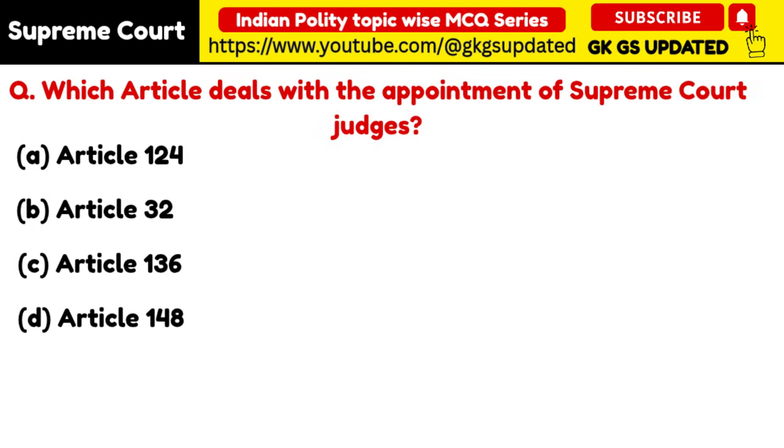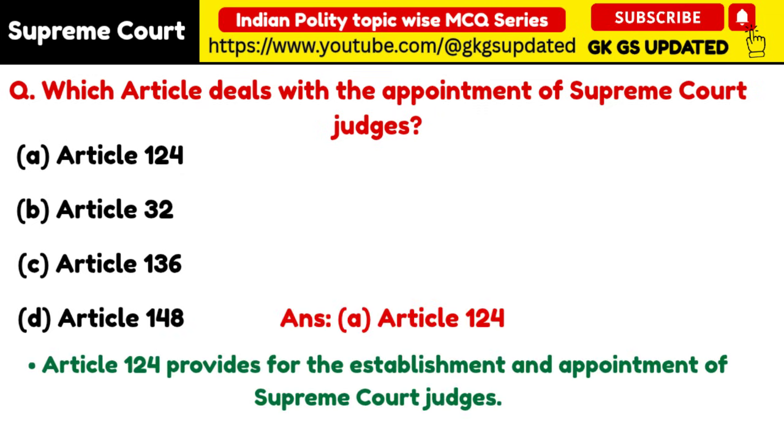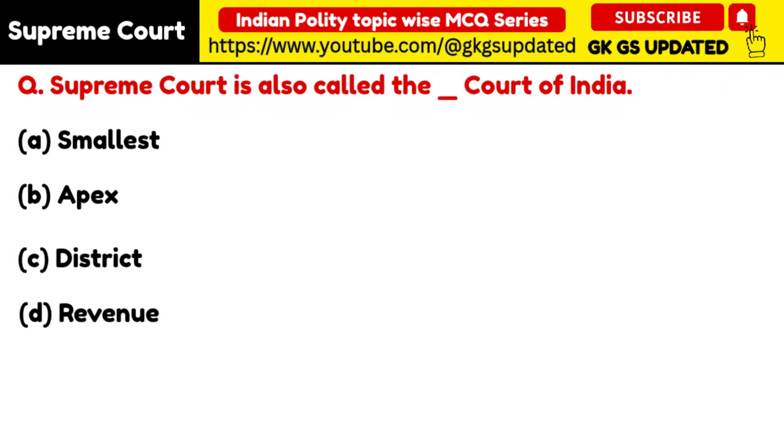Next question. Which article deals with the appointment of Supreme Court judges? Correct answer, Article 124. Article 124 provides for the establishment and appointment of Supreme Court judges.